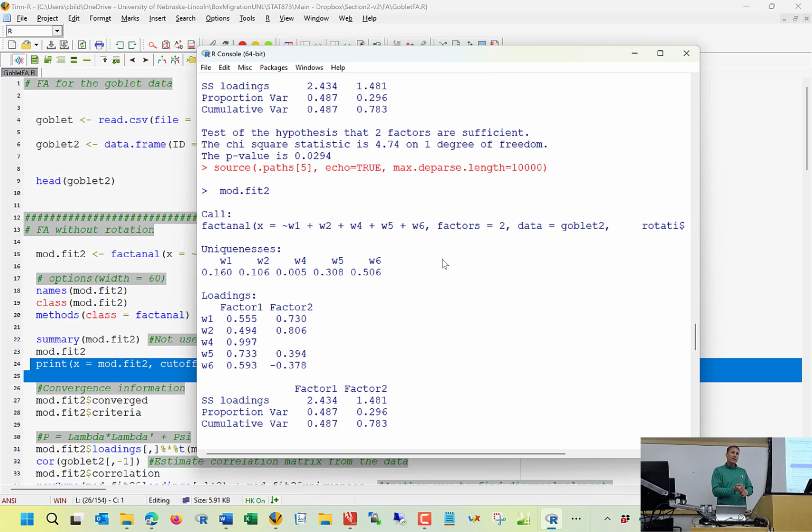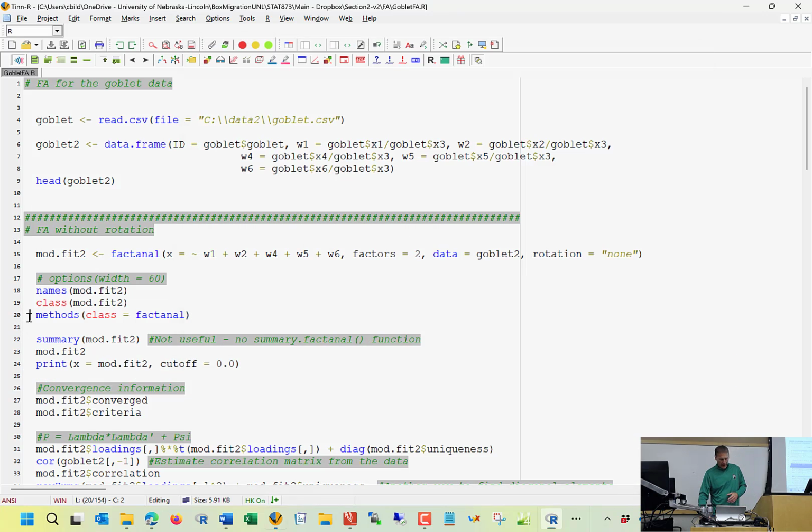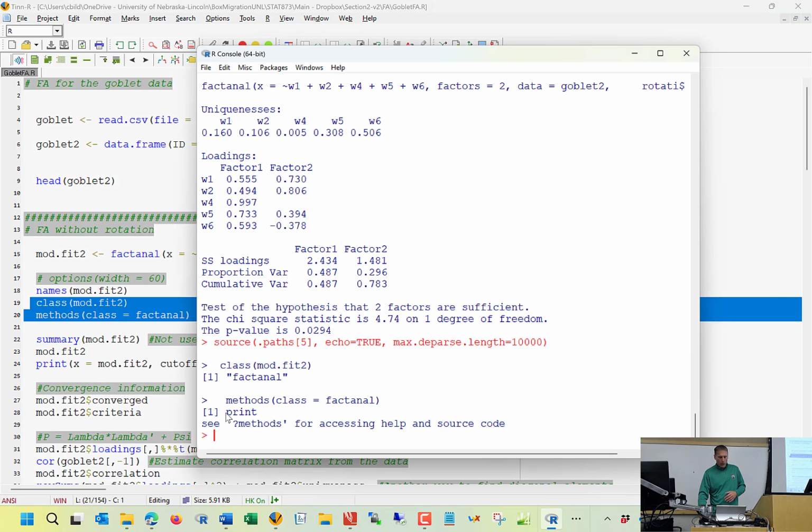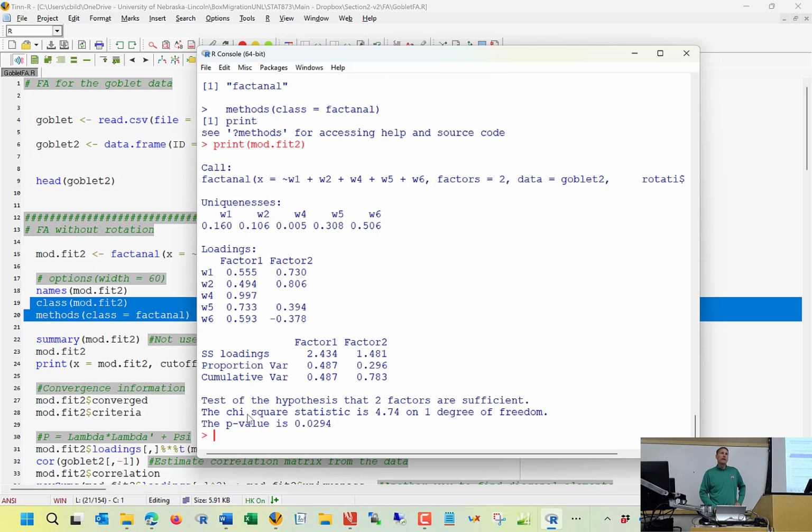And so when I looked at this, I saw that there happened to be only one generic function that's associated with this particular class. And so when I actually now run that generic function with mod.fit2, it finds a function called print.factAnal, and it actually runs that.